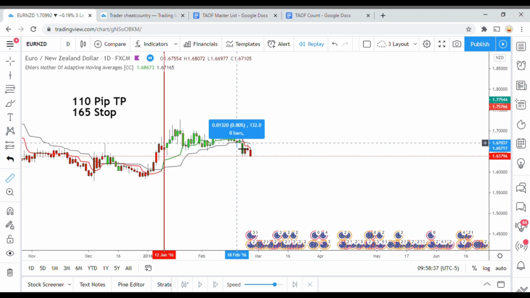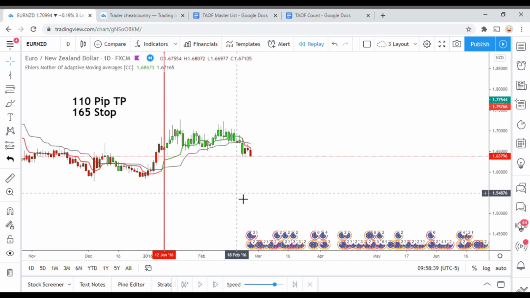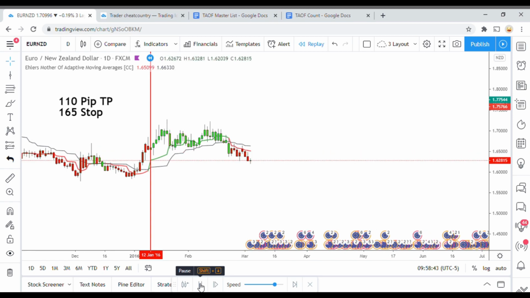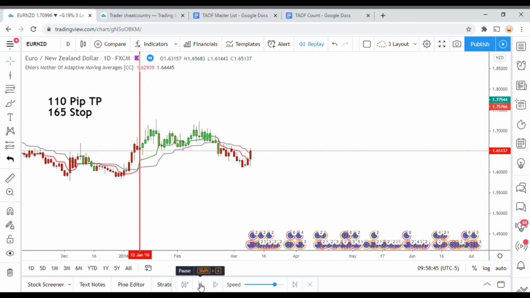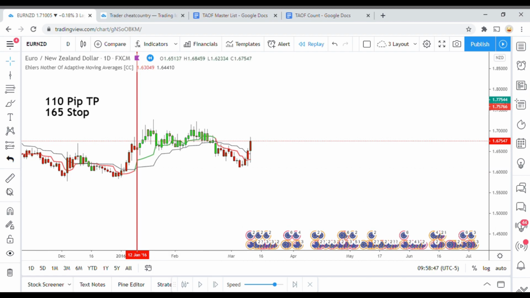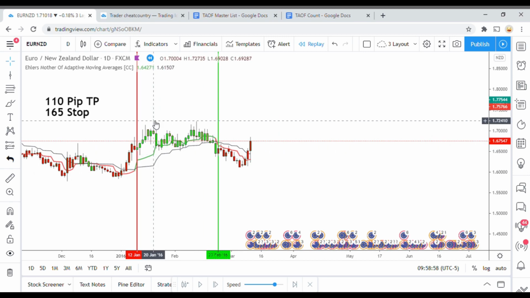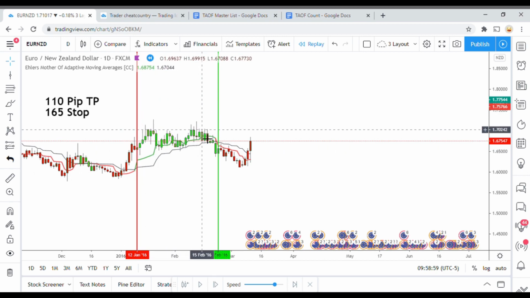So we would have opened here, would have stayed within the stop. Continue on. Looks like we did get to take profit. Yep, we sure did.